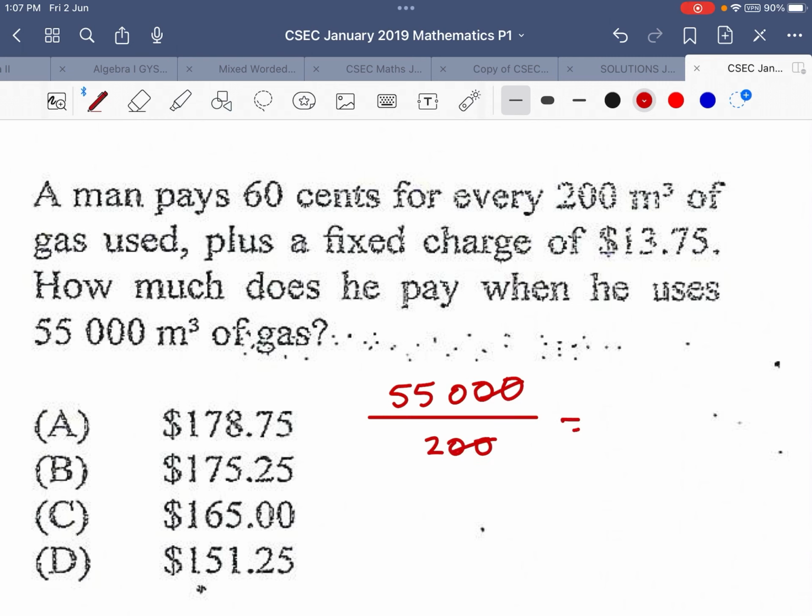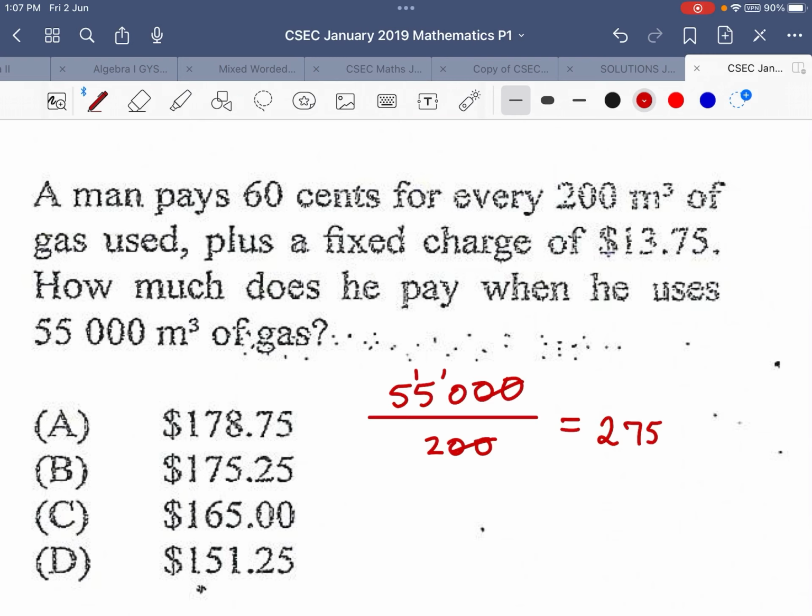So that's 550 divided by 2. So that would be 275. Right, so 275 is how often he's charged 60 cents.